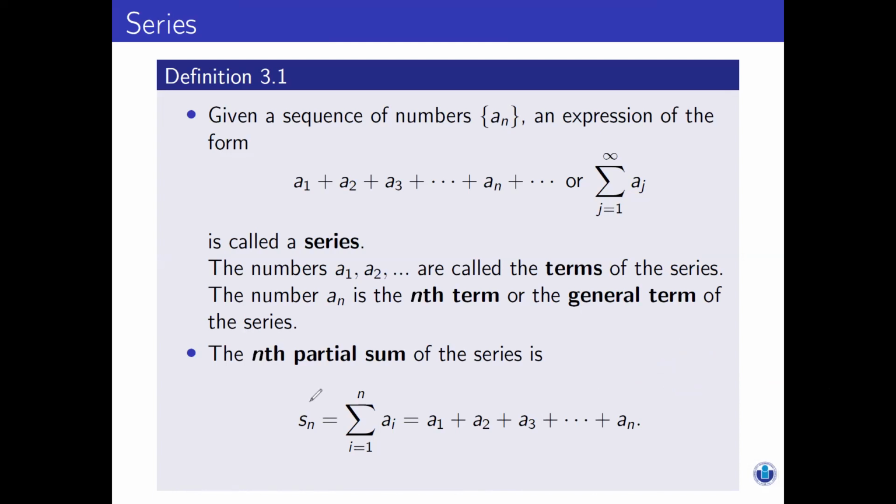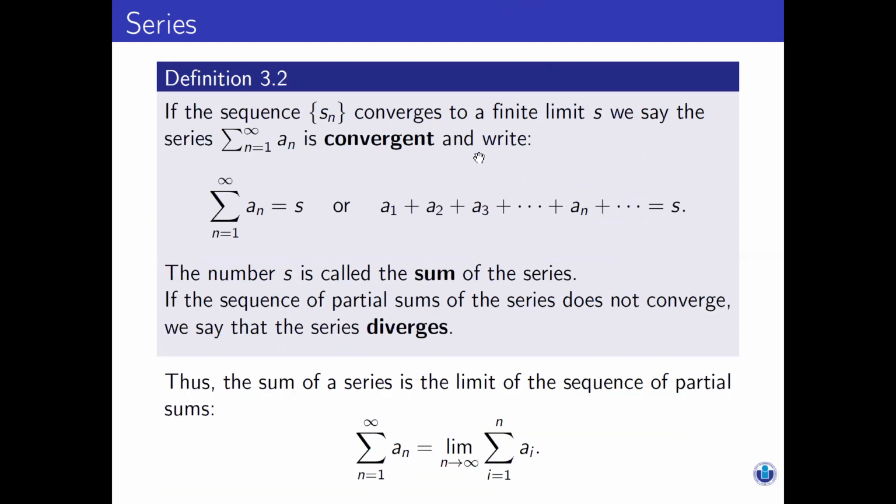Now we have a sequence S_n that depends on this index n. Then you try to figure out if the limit as n goes to infinity of this S_n exists. And if it exists, then we define this to be the infinite sum. So that is our definition.